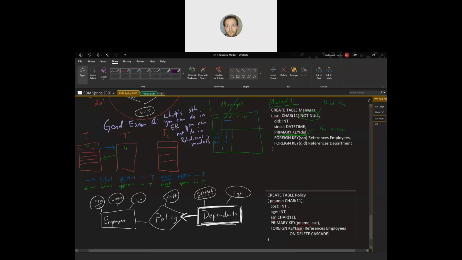This SSN here is a foreign key that points to this employee key. But if that employee gets deleted, then anything that's pointing to it, namely this entry, pname, all of this, also gets deleted. So that's what this means.